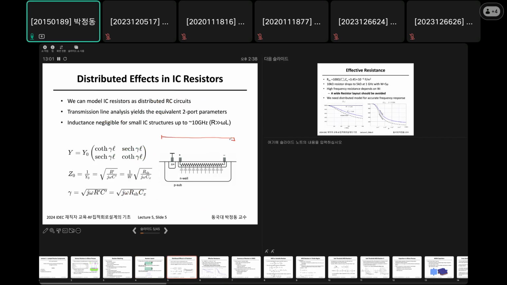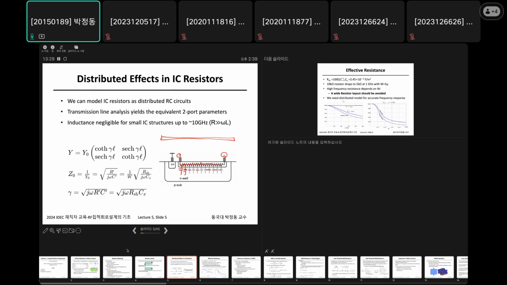The thing you have to keep in mind is that once you route any long resistor, this can act like a distributed RC network. Let's say this is a positive and this is a negative terminal, and the resistor is distributed like this. And also there should be capacitors in parallel, distributed all over the place.